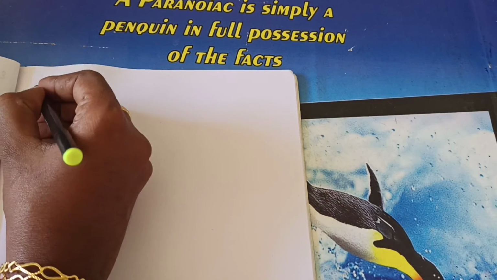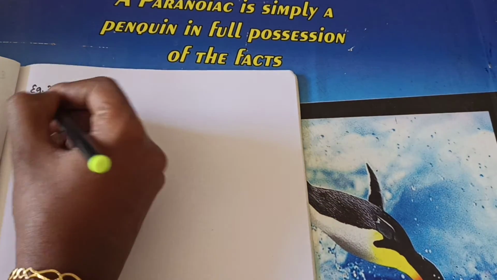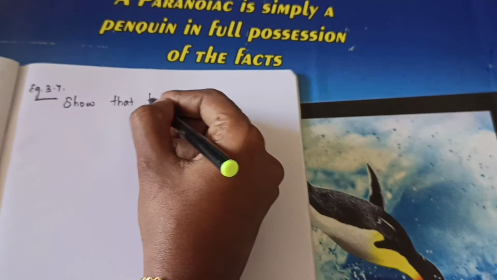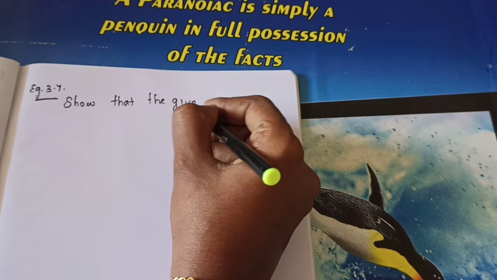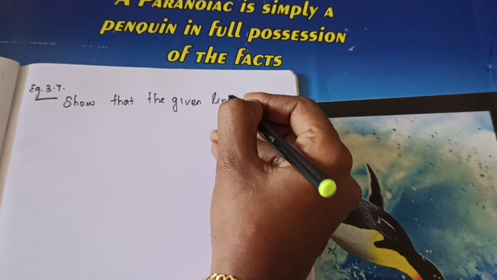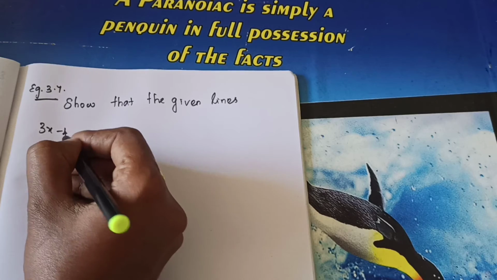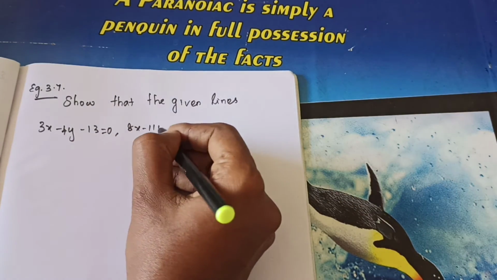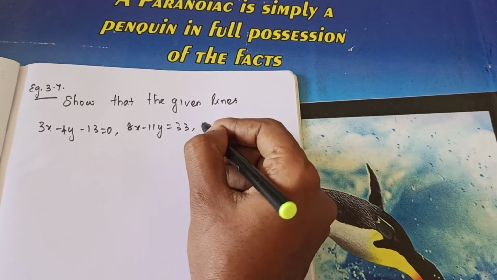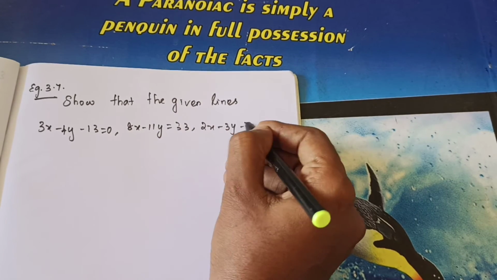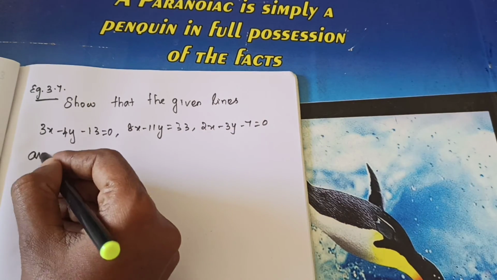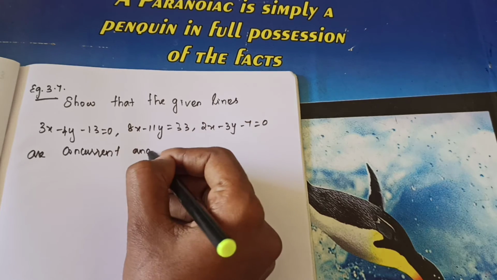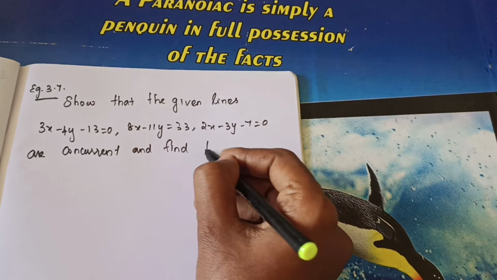Question is example 3.7. Show that the given lines 3x minus 4y minus 13 equal to 0, 8x minus 11y equal to 33, 2x minus 3y minus 7 is equal to 0 are concurrent and find the concurrent point.